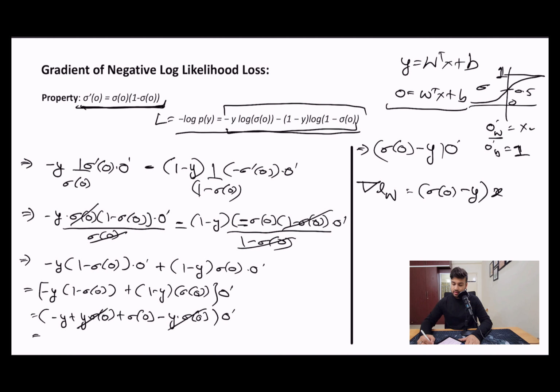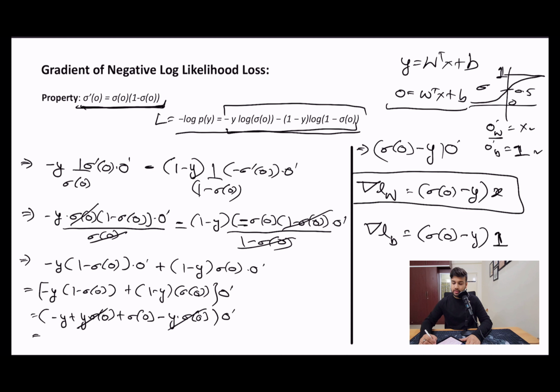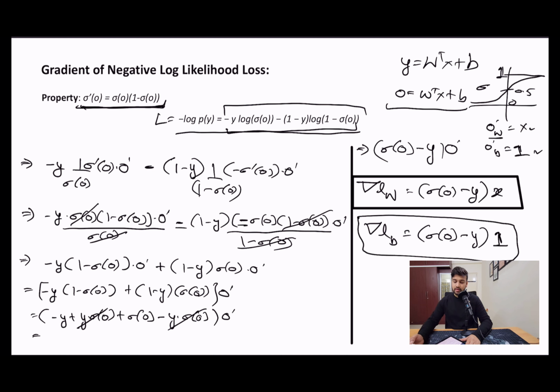And similarly, the derivative of the loss function with respect to b will be sigmoid of O minus y times 1. So these are your gradient equations which we used. You can go back to the last video and see that these are the exact equations that we used in the last video as well.